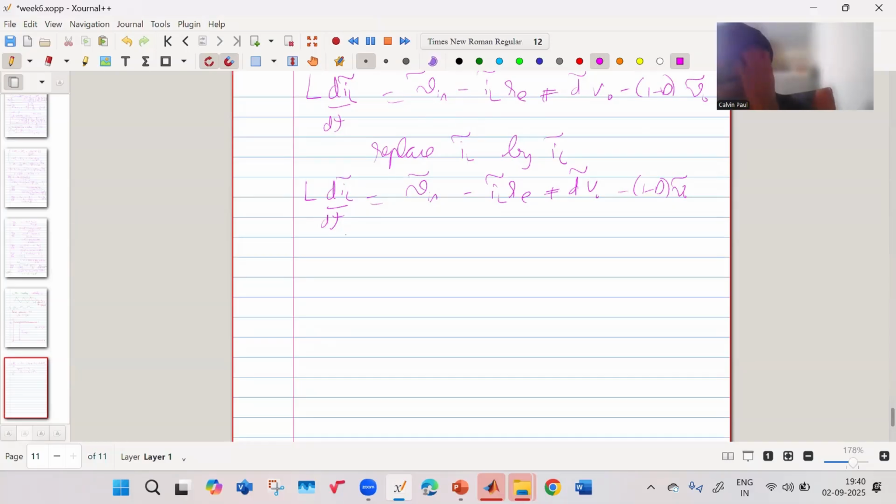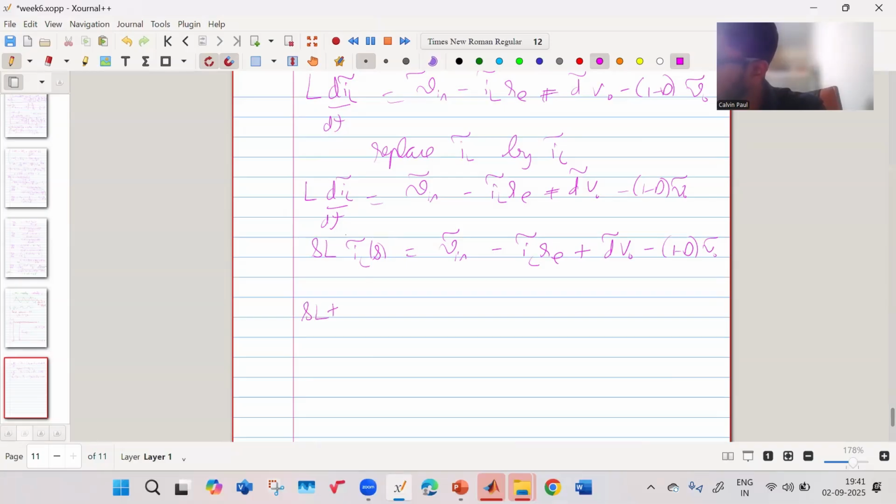What do we do now? We take the Laplace transform. So we get SL into IC perturb of S equals VN perturb minus IC perturb of RE plus D perturb V output minus 1 minus D into V output perturb. We take IC perturb this side.